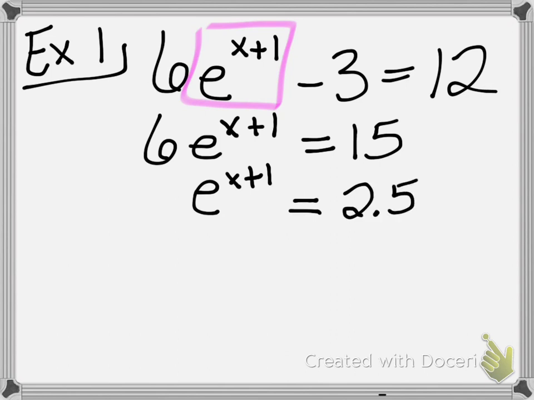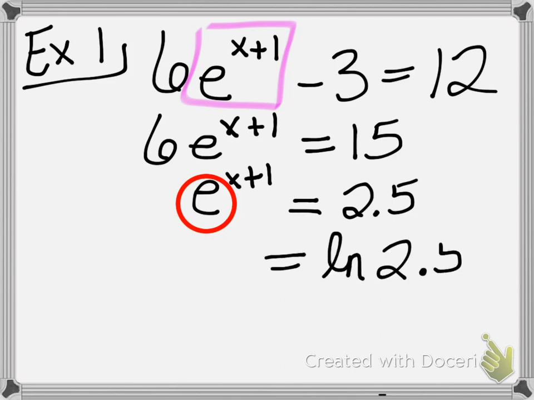Now, using our knowledge, the base of our exponent is going to become the base of our logarithm. Since that number is an e, we're going to use the natural log. So the natural log is going to go on the other side. We don't have to write base e because it's implied, because the base of natural log is always e. And that's just going to be equal to the exponent.